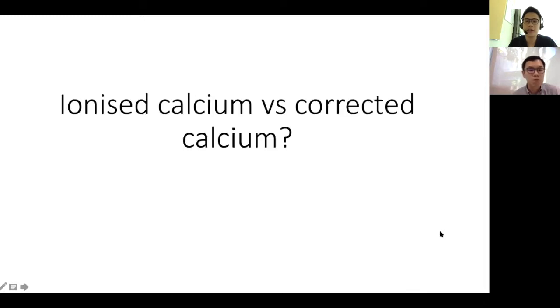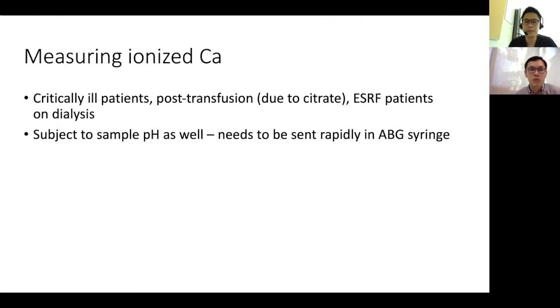So Dr. Andre, the first question that we have is, when do we need to do an ionized calcium over a normal corrected calcium? Yeah, as with a lot of the biochemical measurements, when we look at substances that are bound to proteins, there's always consideration of the free fraction. So same thing for calcium, because about half of total calcium is actually bound to albumin and proteins in the blood.